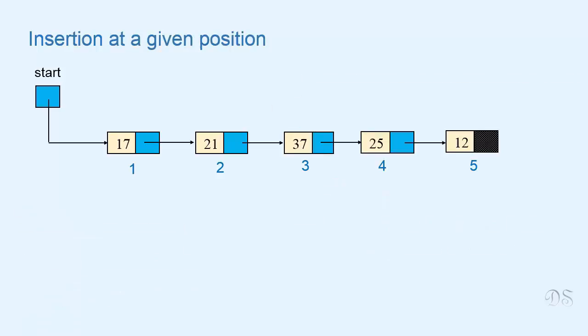Now let's see how we can insert at a given position in a list. Suppose we are given a value k and we have to insert a new node at kth position in the list. If value of k is 4, then in this list we have to insert a new node here. The position of the new node will be 4, position of this node will become 5 and position of this node will become 6. So that means we have to insert a new node between these two nodes, and for that we require a reference to this node.